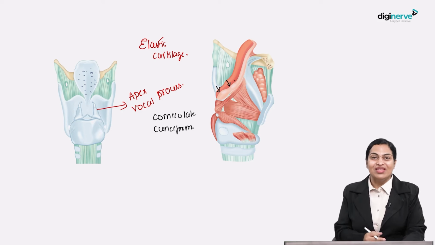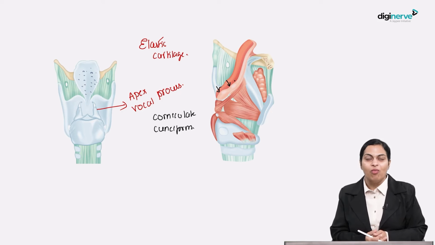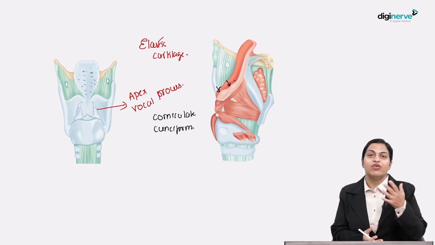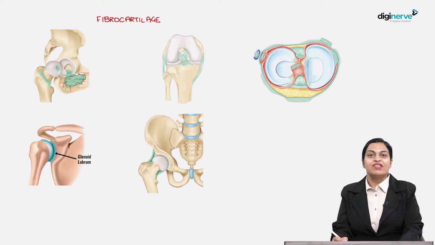So apart from the 3 E's, do remember the apex of the arytenoid, the vocal process of the arytenoid, and corniculate and cuneiform. What is the feature of the elastic cartilage? Flexibility, right? The vocal process will give attachment to the vocal cord. It has to be flexible throughout life, right? So it cannot ossify or calcify. Fibrocartilage, what are the sites in the body where you get to see the fibrocartilage?